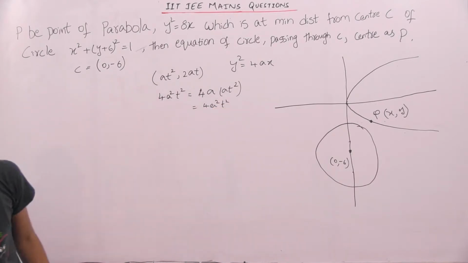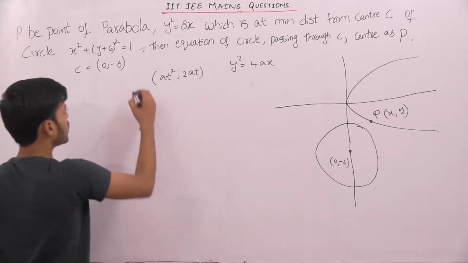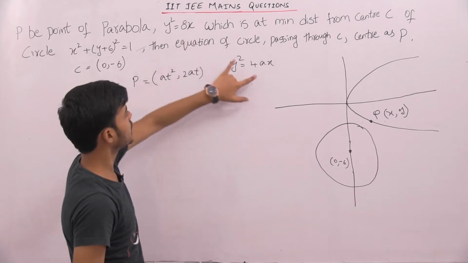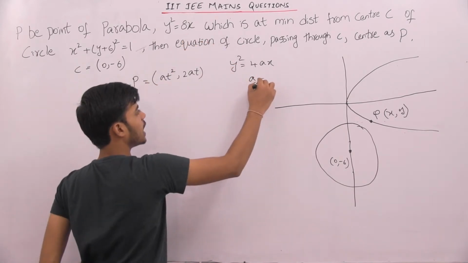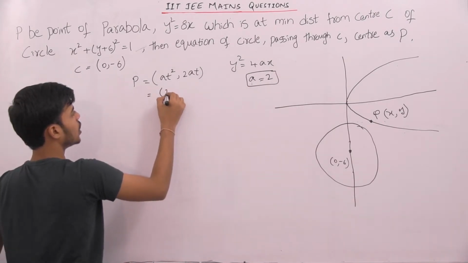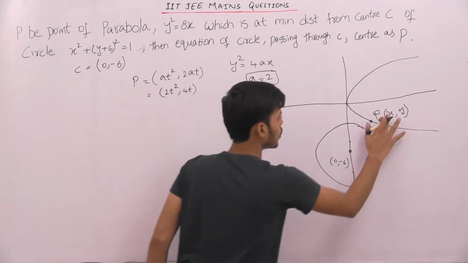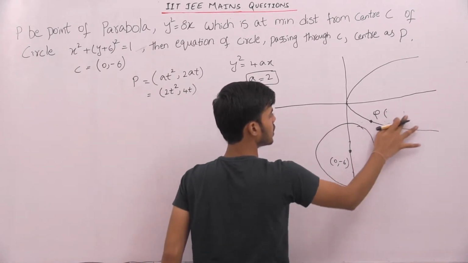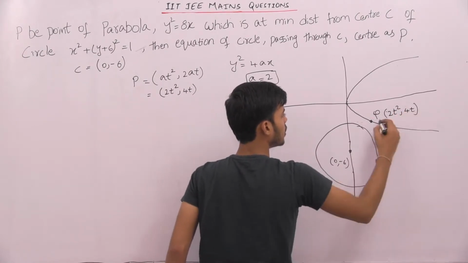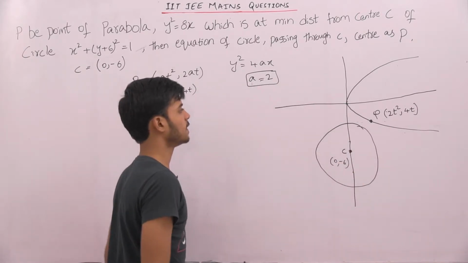Hence it's verified. So let us assume the point P to be (at square, 2at). Comparing these two, we have the value of a as 2. Putting this in, we have (2t square, 4t). So point P is (2t square, 4t), which is nearest to the center of this circle.